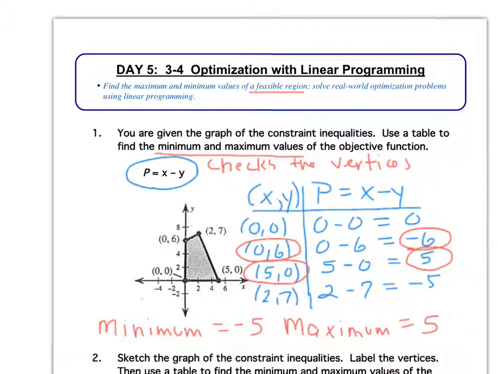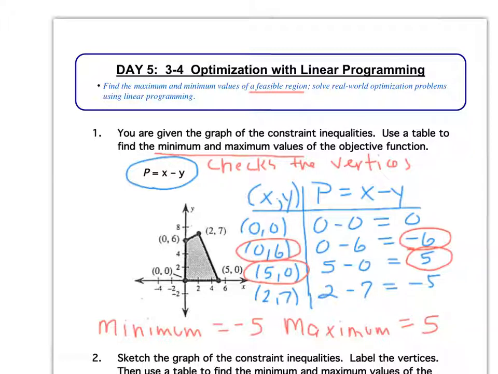So now I've got all the information I had in the first problem, and I can come back and set up my ordered pairs. I've got a new objective function to consider: 3x minus y. I'll list my vertices: (0, 0), (0, 6), and (3, 0).